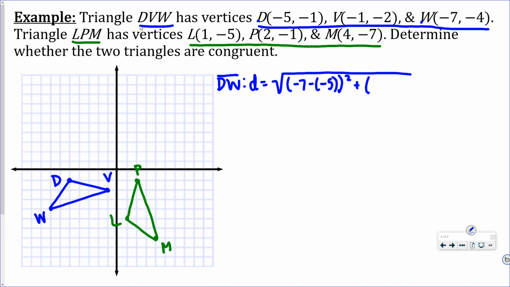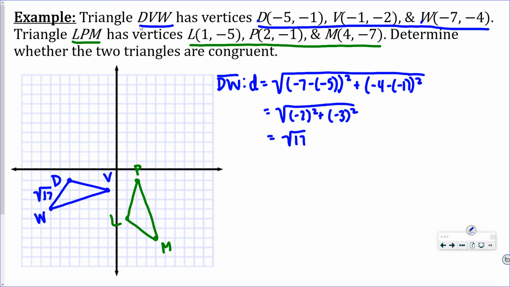Add the difference of the y coordinates, so subtract the y coordinates, and square that as well. All right, so here we get -7 plus 5. We get -2 squared. -4 plus 1, -3 squared. So we get 4 plus 9, the square root of 13. All right, 1 down, 3 to go.